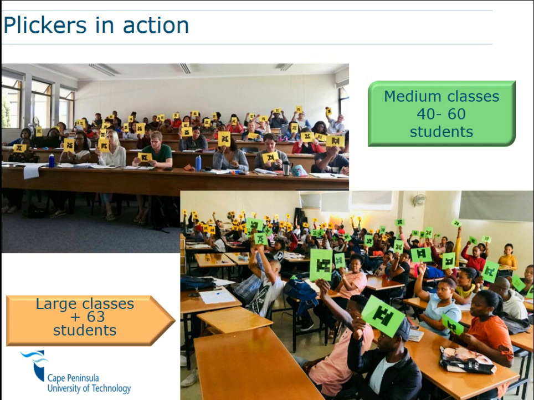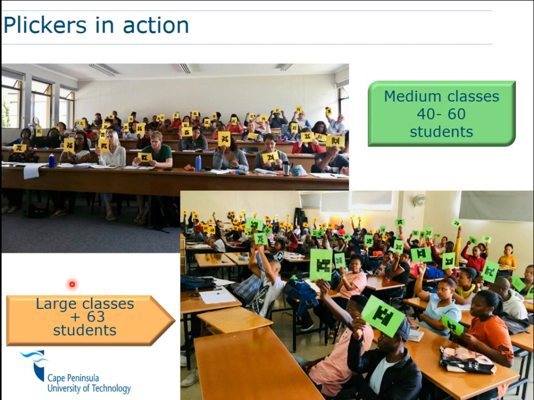Plickers has a maximum of 60 cards per class, so this is good for medium classes. If I run medium classes, which are around 40 to 60 students, I use one set of cards.